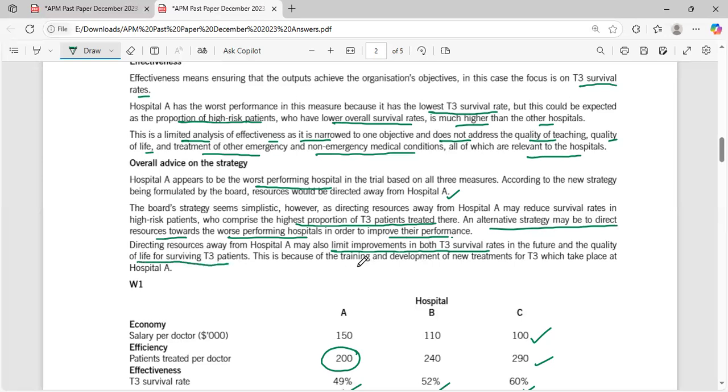This is because training and development of new treatments for T3 takes place in hospital A. So rather than taking away the resources, it can worsen the performance. It is better to provide them better training and development so that they will be able to save the lives of their patients.